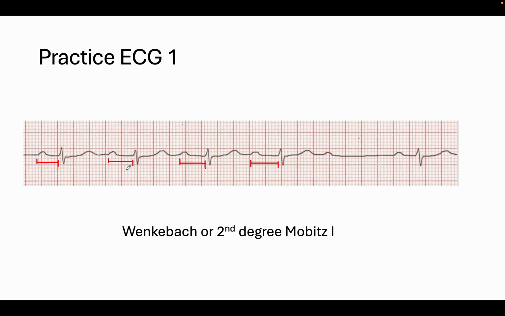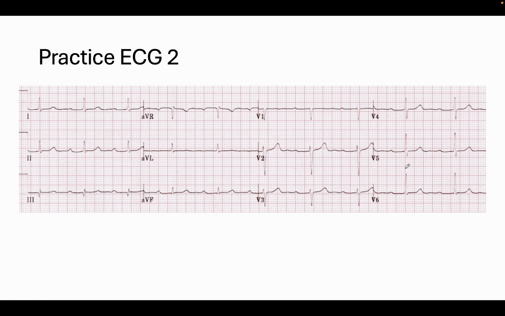So we can see that there's PR interval variation. And then that's followed by a dropped beat, so there's a missing QRS there, followed by a conducted P wave, which has a short PR interval again, where the AV node has reset. So that's Wenckebach.